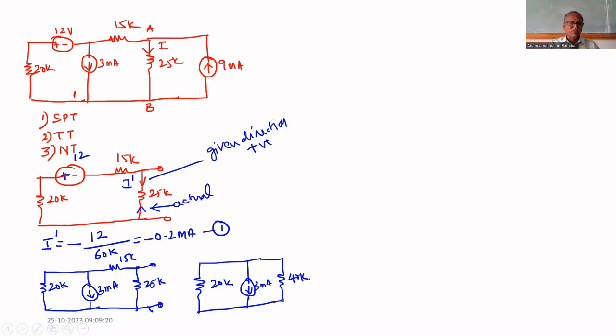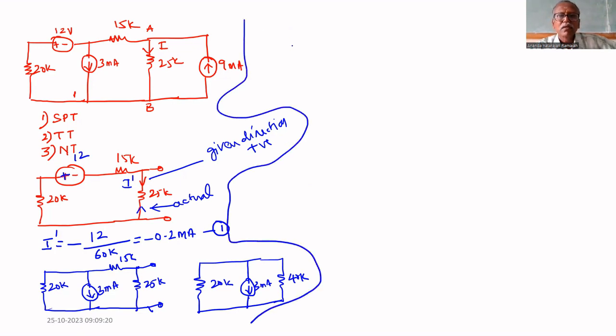So we have to find the current through 40K. The total current is 3 milliampere. That's why I double dash equals I 40K equals 3 milliampere multiplied by the other branch resistance 20K divided by the total resistance 60K. That equals 2 by 6, or 1 by 3, equal to 1 milliampere.